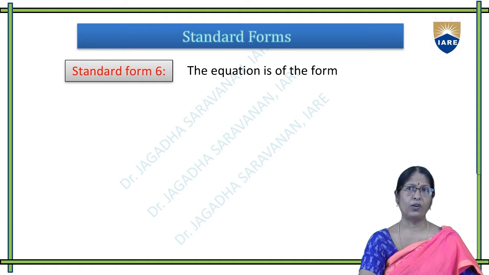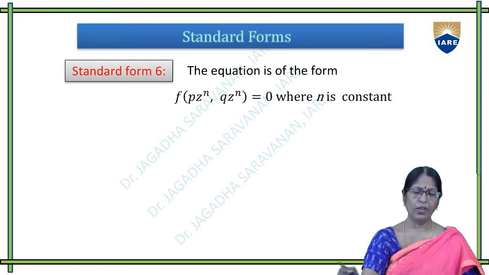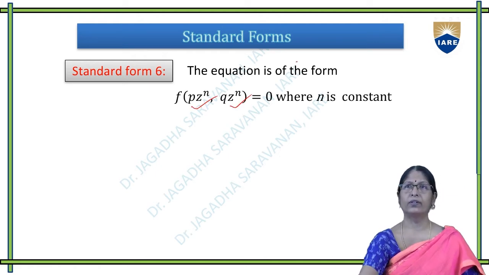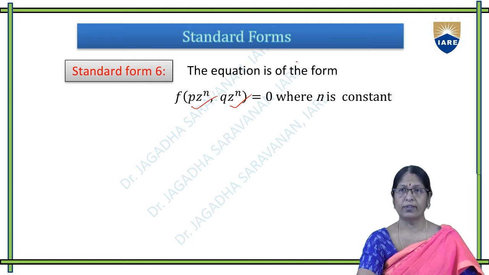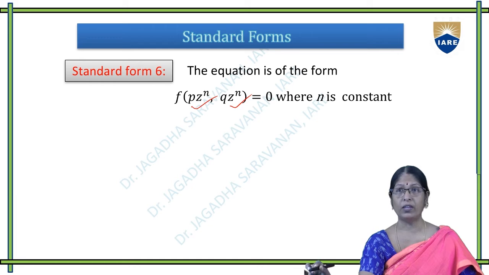Standard form 6 is the equation in which z has the power, whereas in standard form 5, x and y have the power. In 6, only z has the power. Here also a very important point to note: p and q have power 1 according to the format.